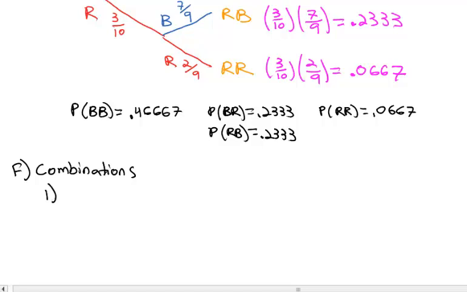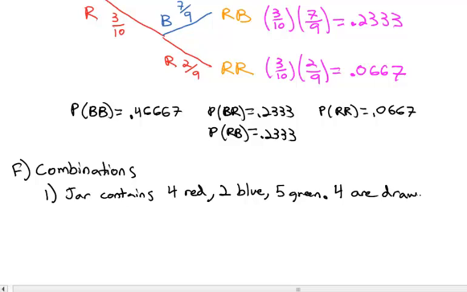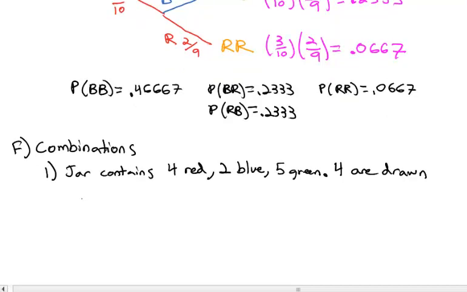Taking a look at this similar problem, let's say a jar contains 4 red marbles, 2 blue marbles, 5 green marbles, and let's say 4 marbles are drawn without replacement. Let's see if we can find a few probabilities. Let's find the probability that we get 2 red marbles and 2 green marbles.